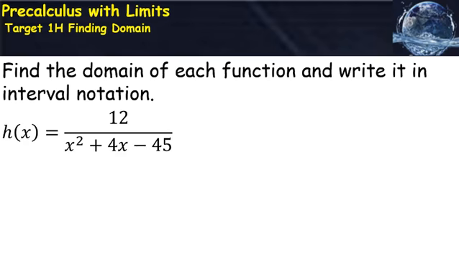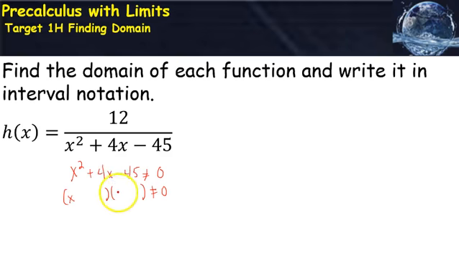Okay, and problem number 3. Again, we have a fraction, and for a fraction, we just don't want the denominator to equal 0. So I'm going to say that. I'm going to say x squared plus 4x minus 45 cannot equal 0. To solve this, I'm going to factor.